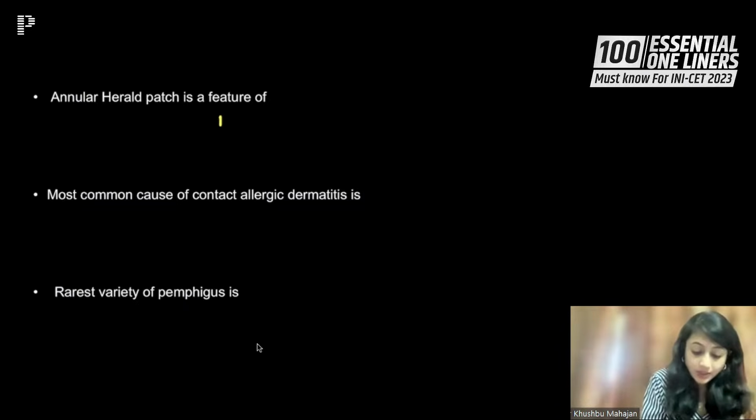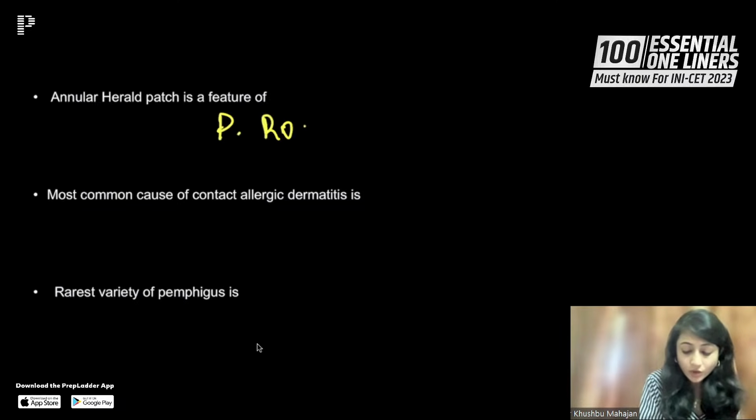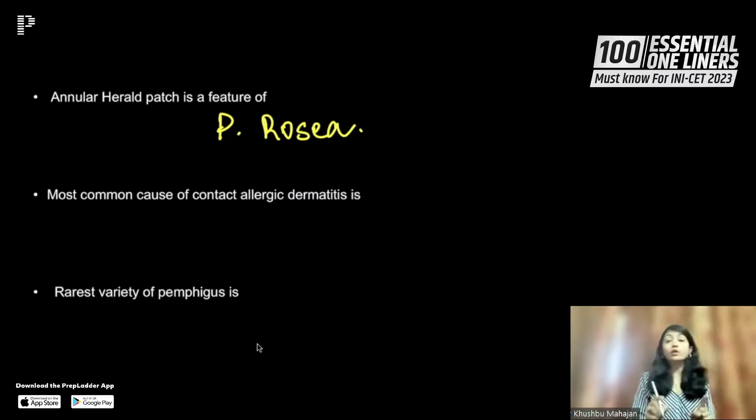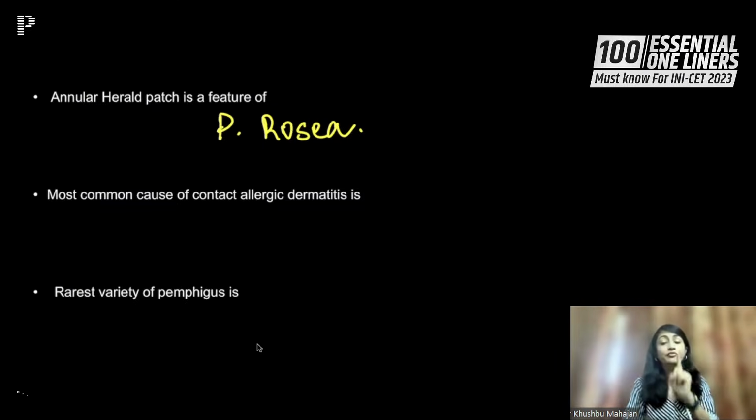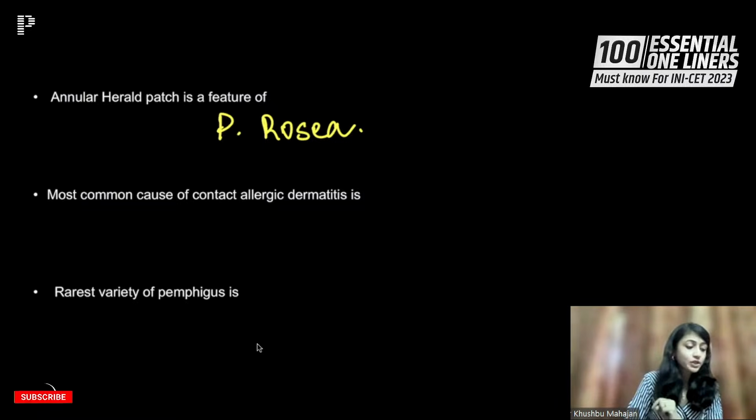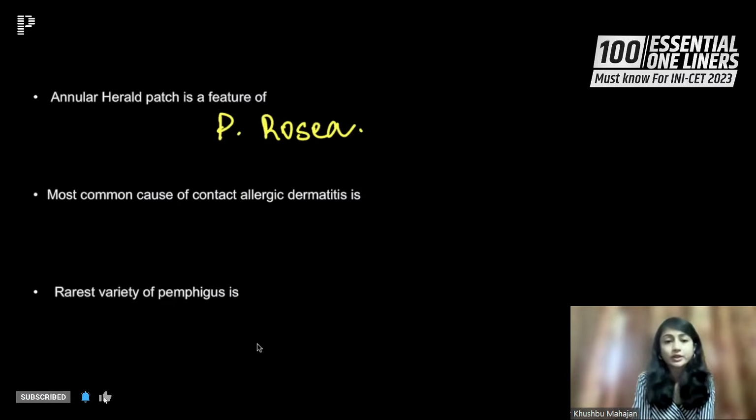Okay, yes, it is pityriasis rosea, not pityriasis versicolor. Commonly, we call it herald patch, but you can also call it annular herald patch. This is the first lesion which appears in a patient of pityriasis rosea. Yes, it is also called the mother patch and there is collarette of scales on it.